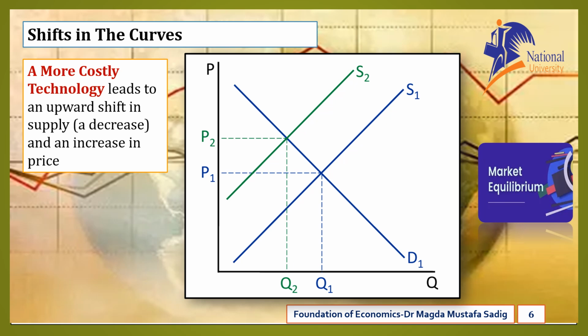So now the supply curve shifts upward from the blue line S1 to the green line S2.